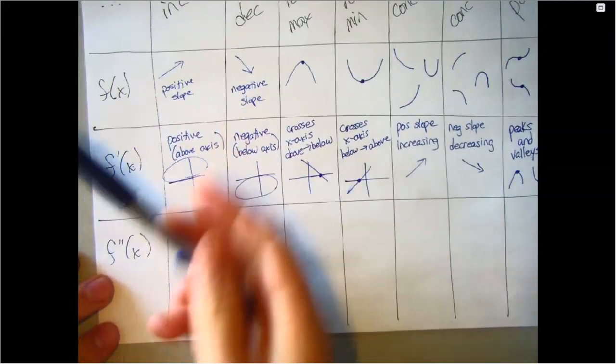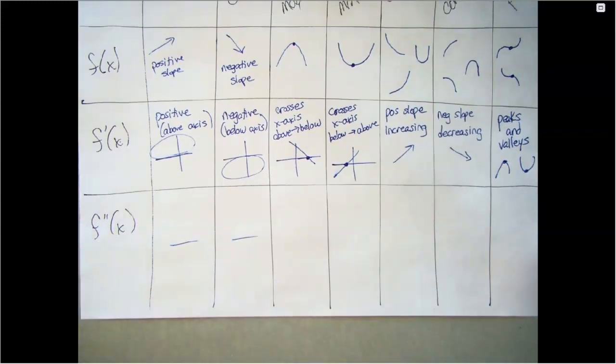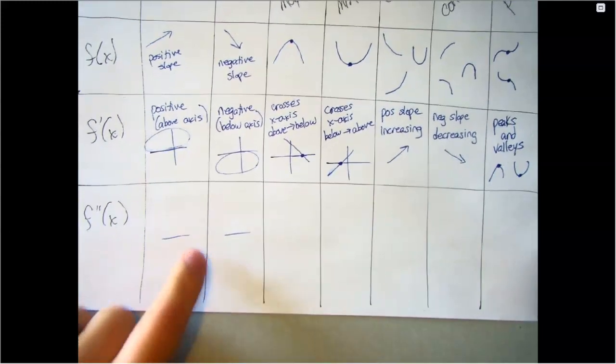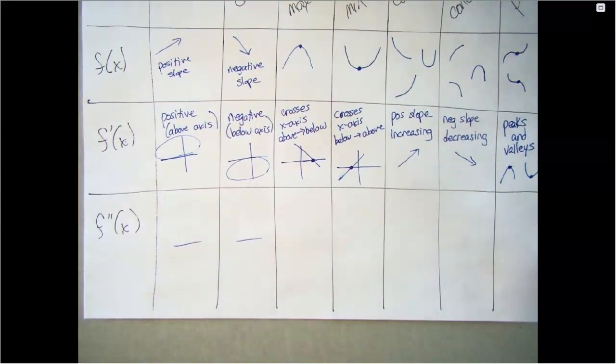If f of x is increasing, I don't know anything about f double prime, so don't worry about that, because we could be increasing and concave down or increasing and concave up. So just increasing is not enough to tell me anything. Relative max. If f of x has a relative max, you've got the top of a hill, right?